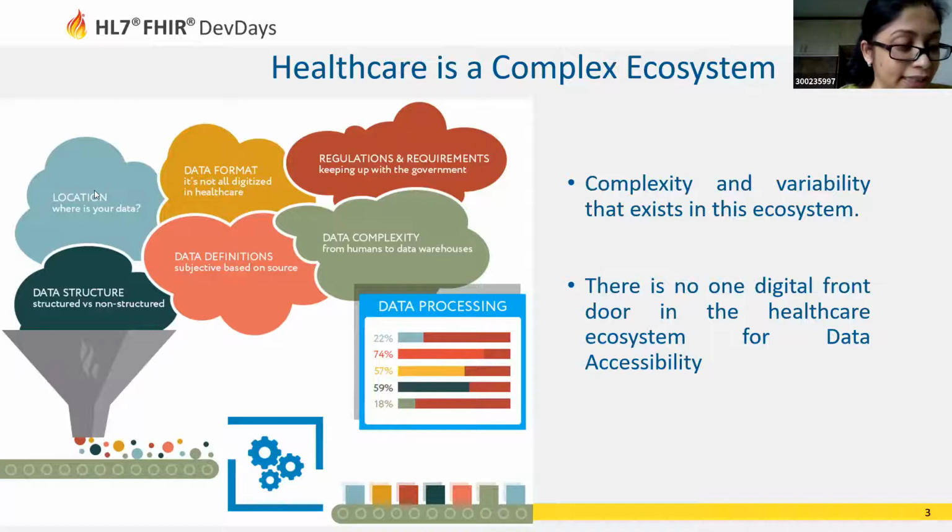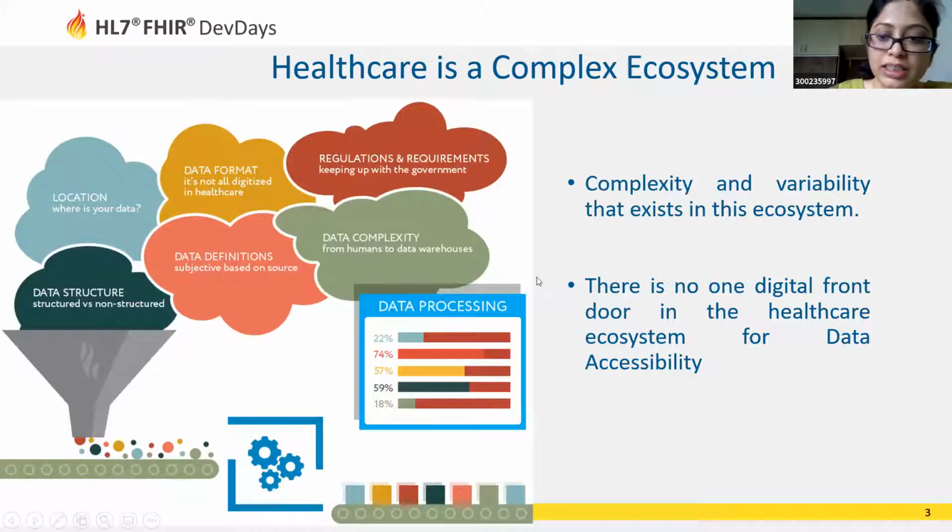Where the data resides, what is the data structure, the data formats, the multiple formats that exist, which different products use and interoperate with, variability and complexity in terms of data definitions, and also from the regulatory perspective, where we actually bring these products and solutions into specific different markets that span across different countries.